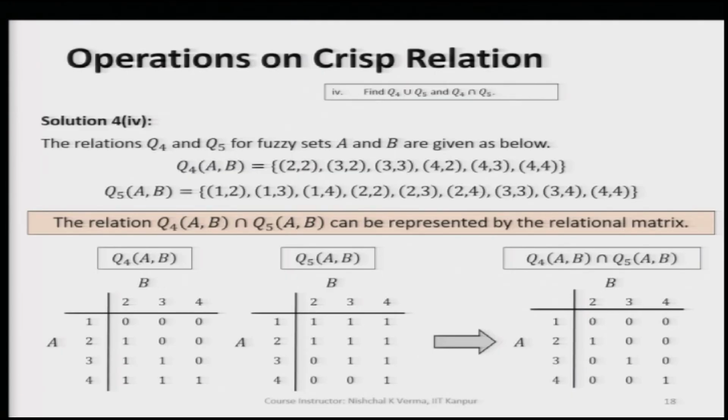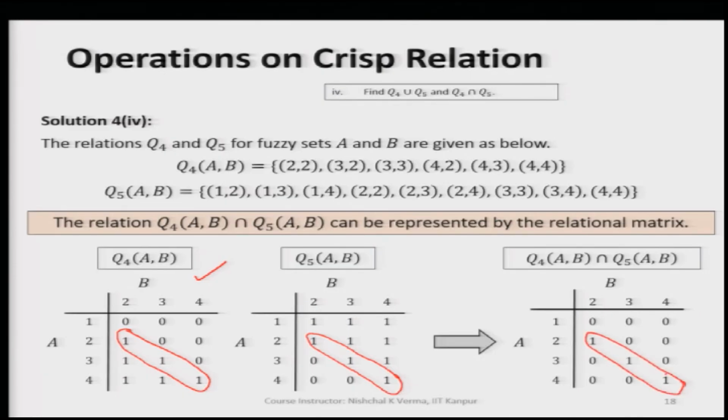If we see here in Q4 A comma B, these ones are present, and these ones are also present in Q5 A comma B. No other ones are present in both the relation matrices Q4 and Q5. So, that is why only these are kept.